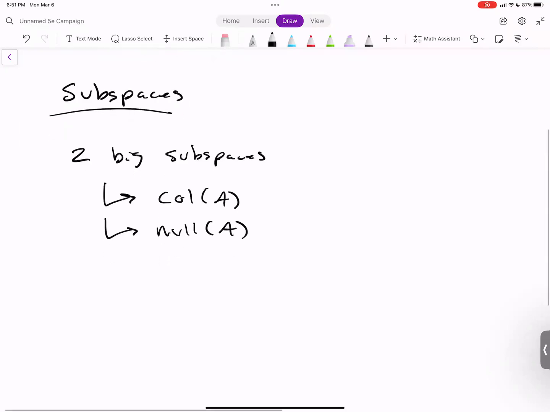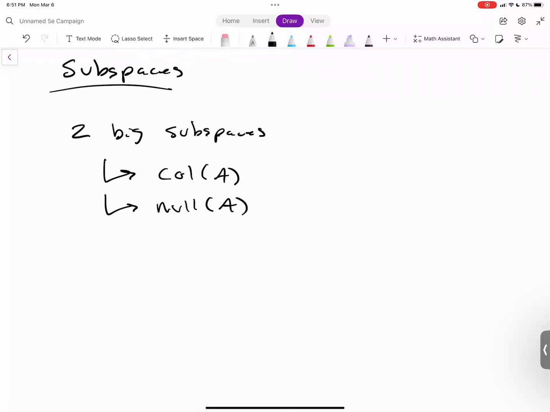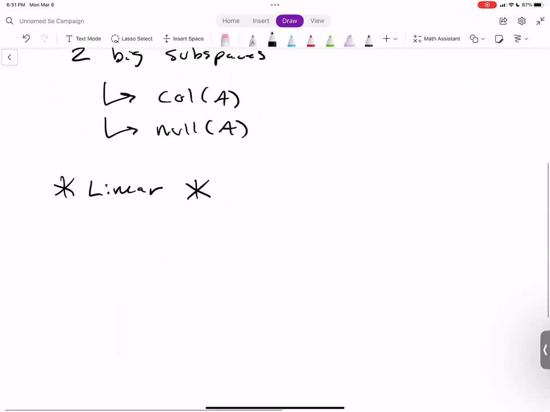To be a subspace, three qualifications need to be met. Together, we call those three qualifications being linear. As you can imagine, this class being linear algebra, being linear is pretty important. There are three things that make a subspace.